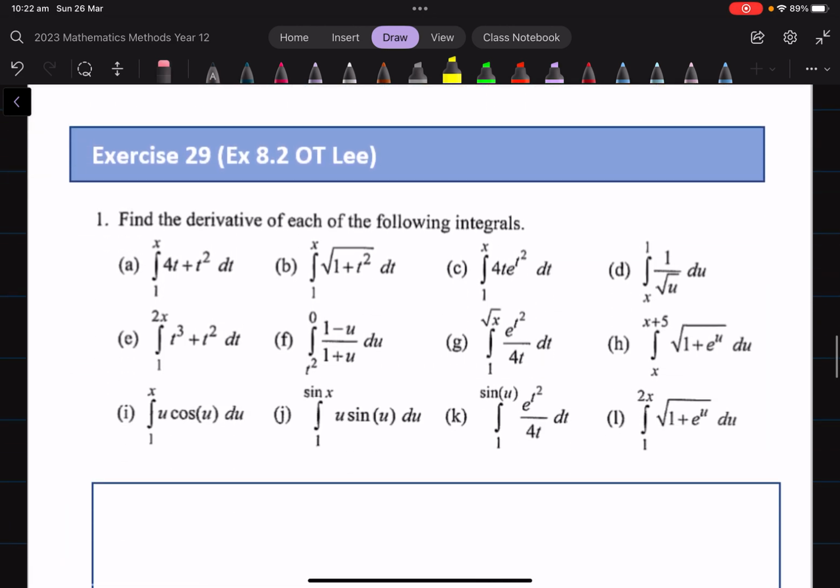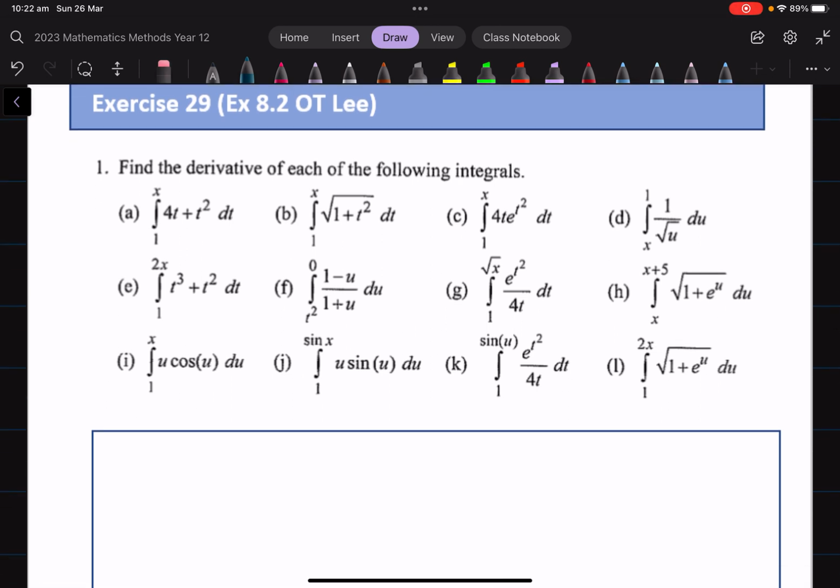Okay, plenty of practice here. If you wanted to pause the video and give these questions a try, the ones I've put on the solutions are A, B, C, F, H, K, and L. A lot of these ones are relatively straightforward.